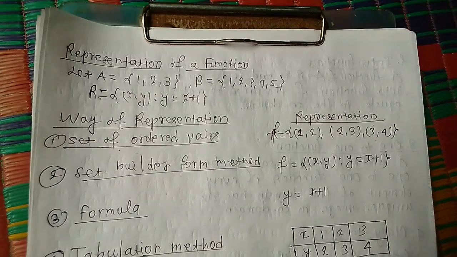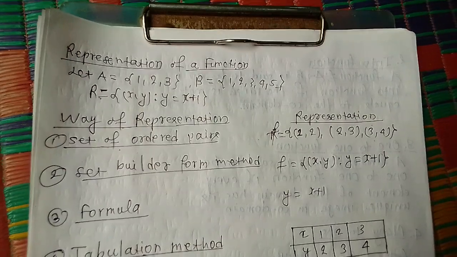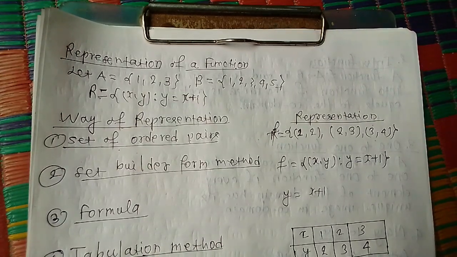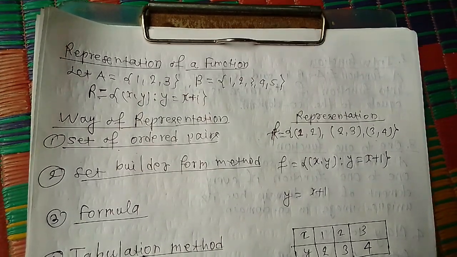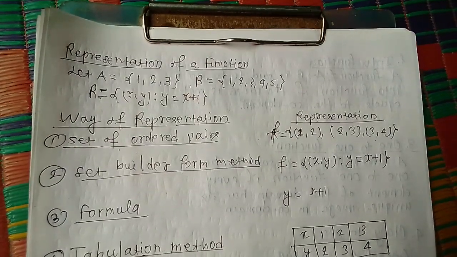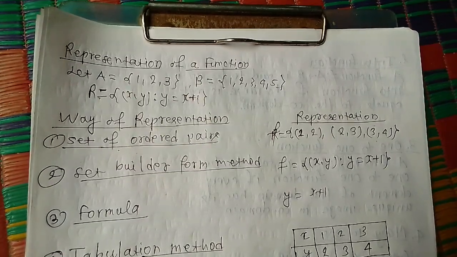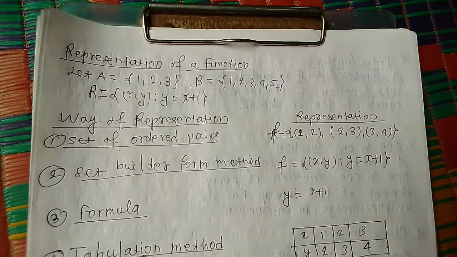Here is A and here is B, and this is a function relating 1, 2, 3 to 1, 2, 3, 4 and 5. So 1 is related to 2, 2 is related to 3, and 3 is related to 4.